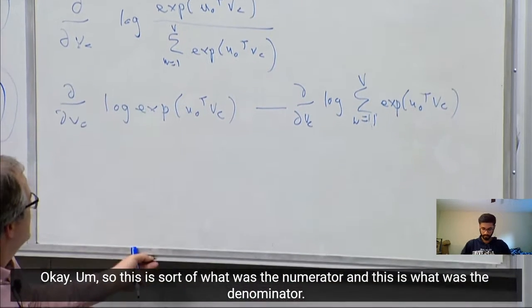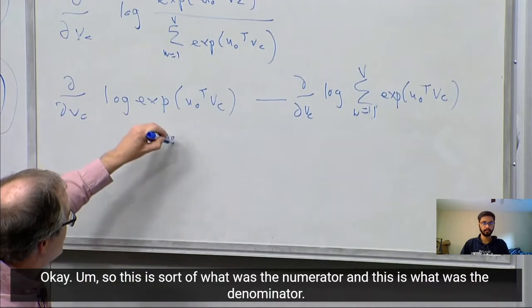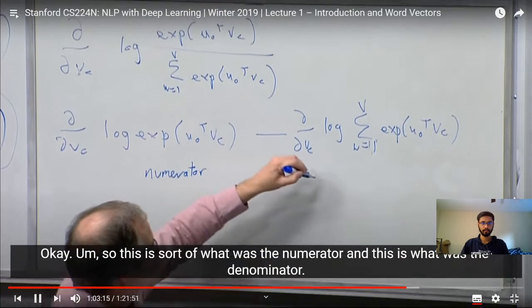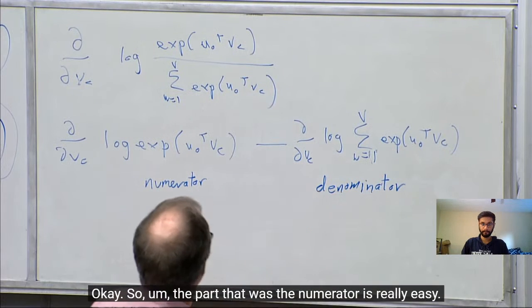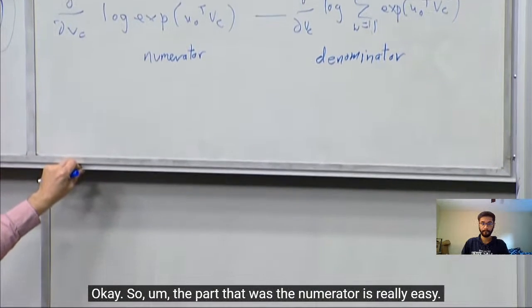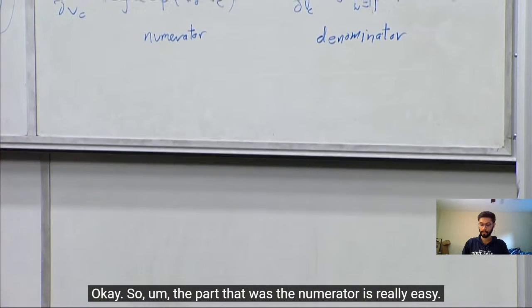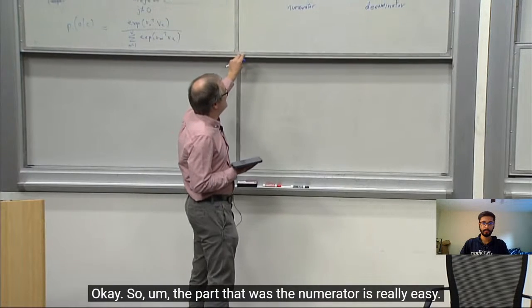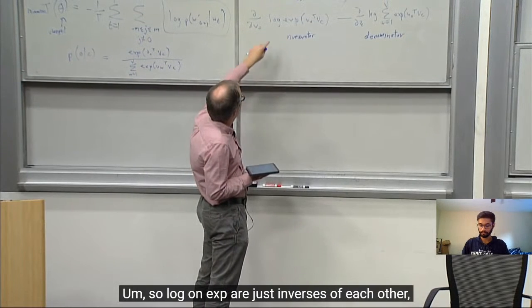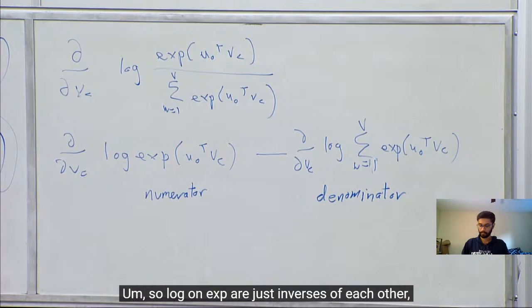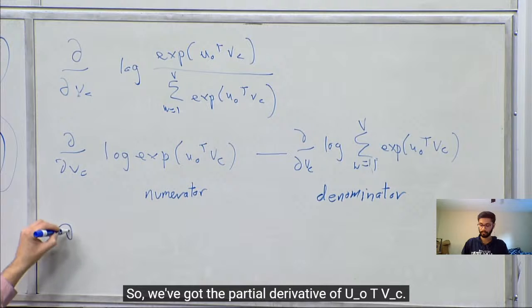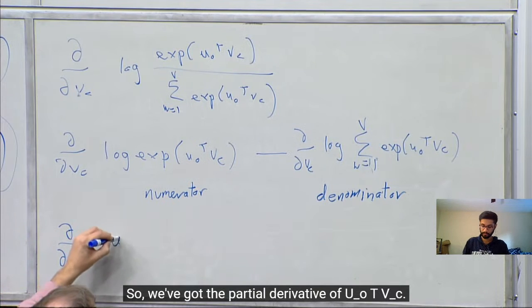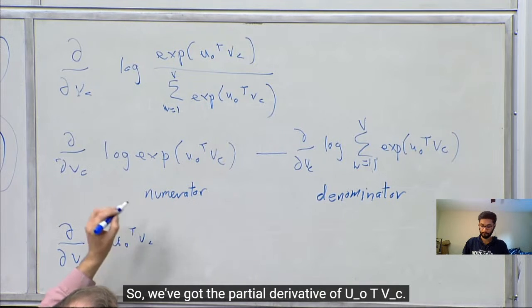So this is what was the numerator, and this is what was the denominator. The part that was the numerator is really easy. Log and exp are just inverses of each other, so they cancel out. So we've got the partial derivative of uo transpose vc.